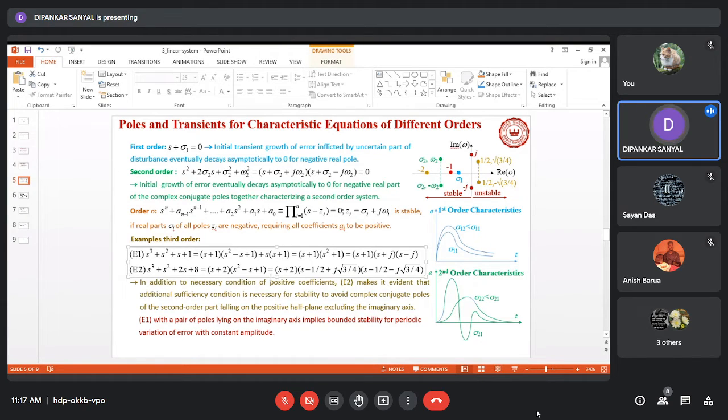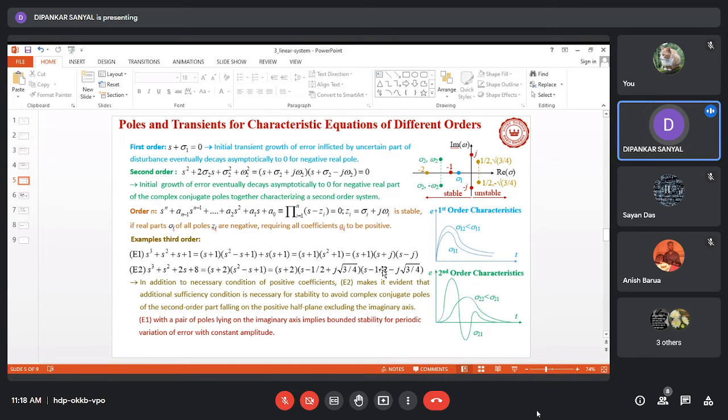Okay. So what I am trying to show here is that just positive values are not good enough if the equation is of higher than second order, because even for all positive coefficients in the split form we are finding one real positive root, but here we are finding a case where the real part is not negative but appears as positive, given by this minus half, and the imaginary part is root 3 by 4.